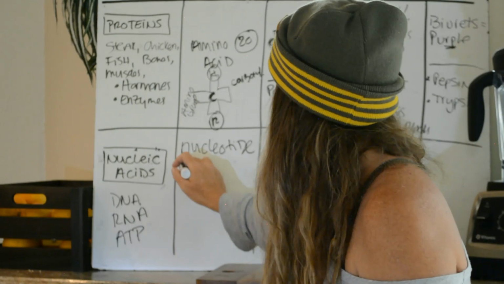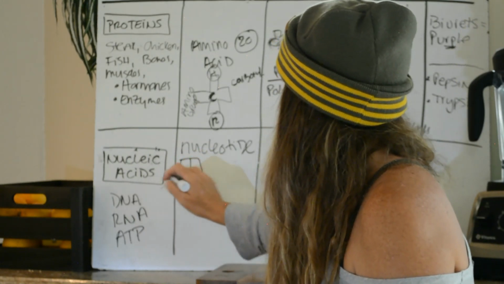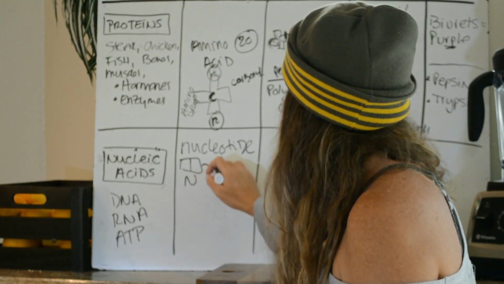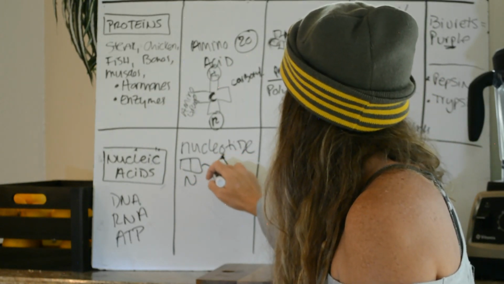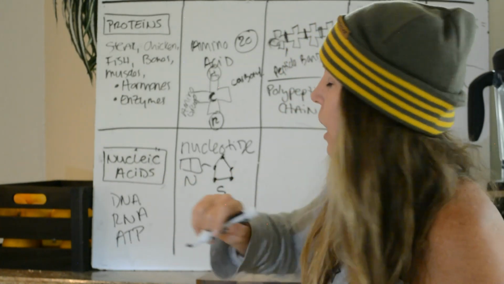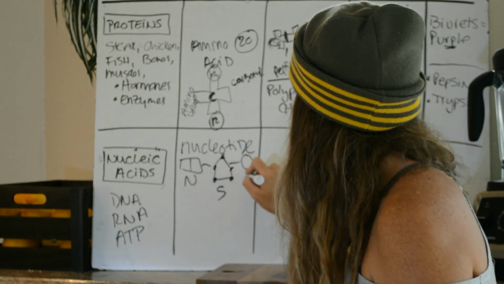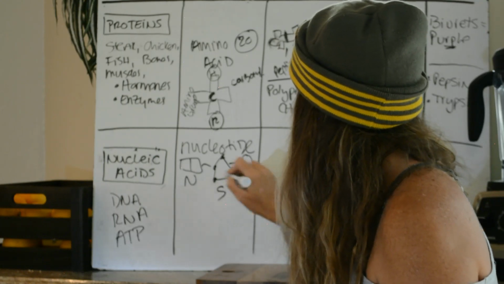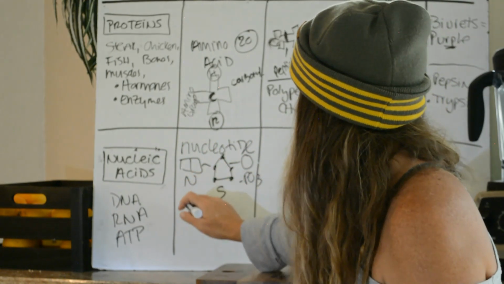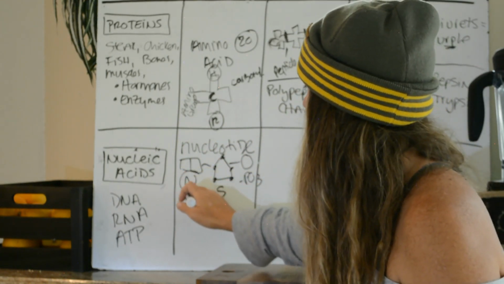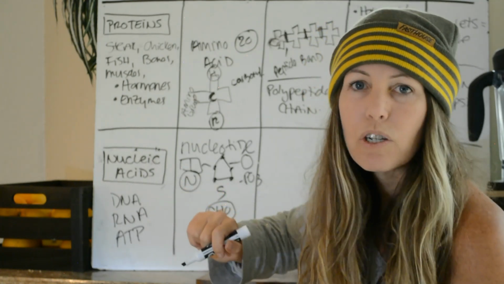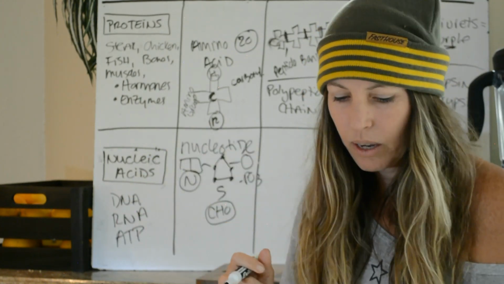He has a nitrogen base on one side attached to a 5-carbon sugar in the middle. And then off to the other side we have a phosphate, which is actually PO3, okay? So keep in mind, nitrogen is N, sugar is CHO, right? 1:2:1 ratio, plus we have our phosphate in there.